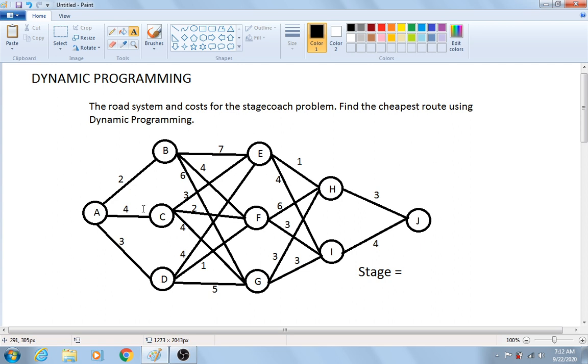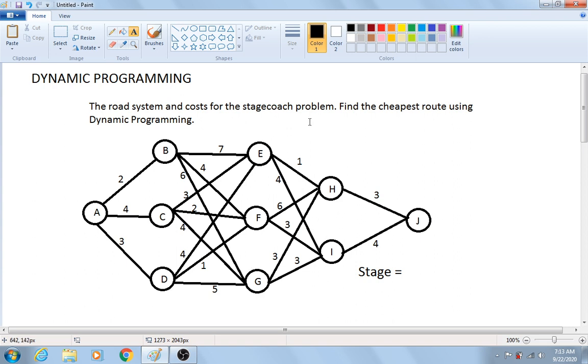For stage number 2, if you are at B, then we need to decide whether we will go to E, F, or G. If we are at C, then we need to go to E, F, or G. If we are at D, then we need to decide whether we will go to E, F, or G. That is our stage number 2.